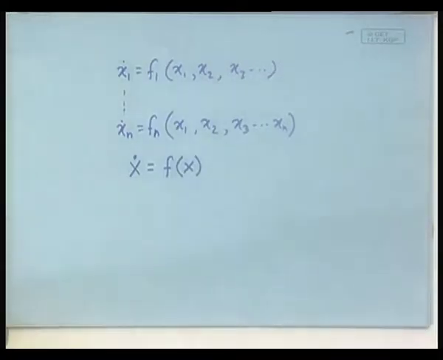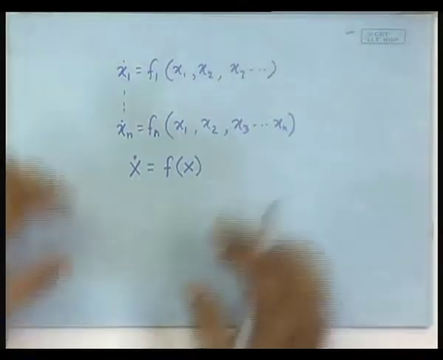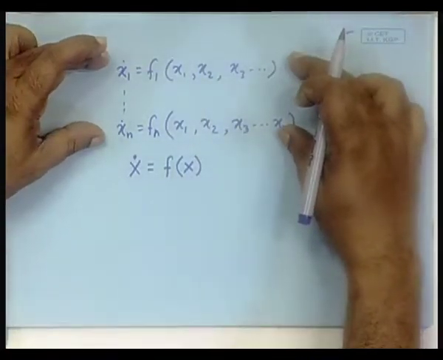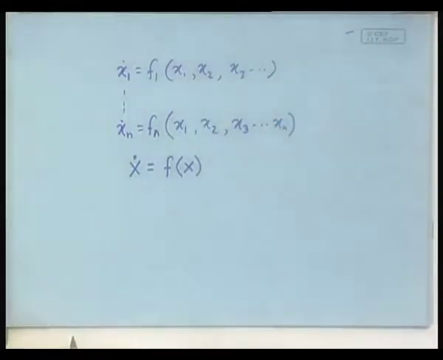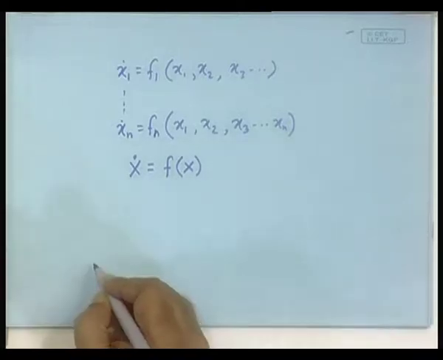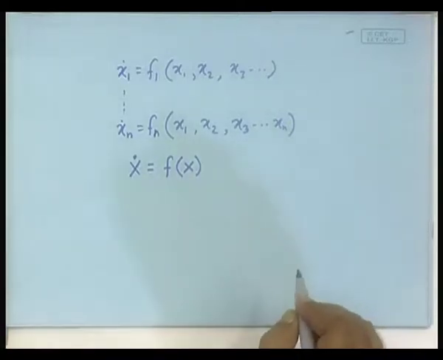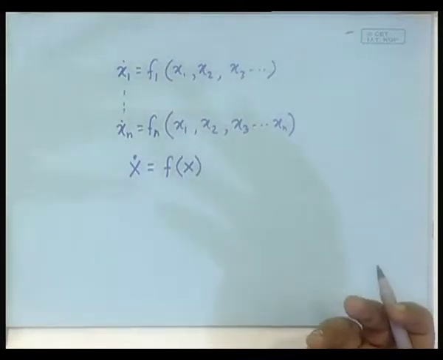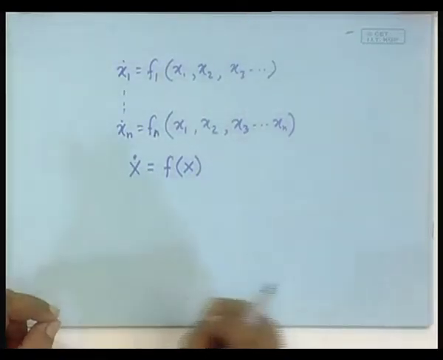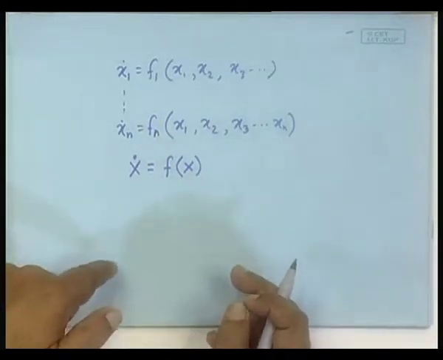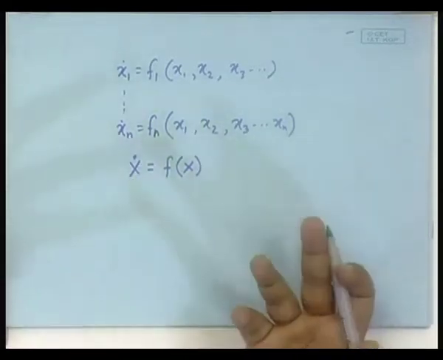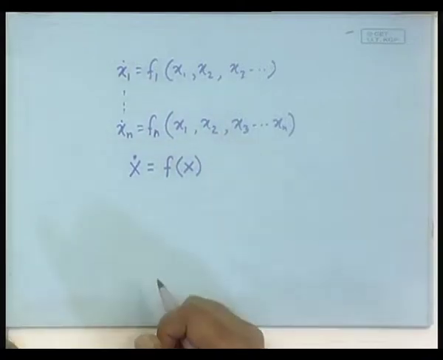Now, this means that if I ask you to study the behavior of any given system, you have obtained the differential equations and then your task is to find out how the system will behave. What do you actually have to do then? Start from an initial condition and evolve it, see the behavior. That behavior is only pertaining to that particular initial condition. If you change the initial condition, there is no reason to believe that it will behave the same way.